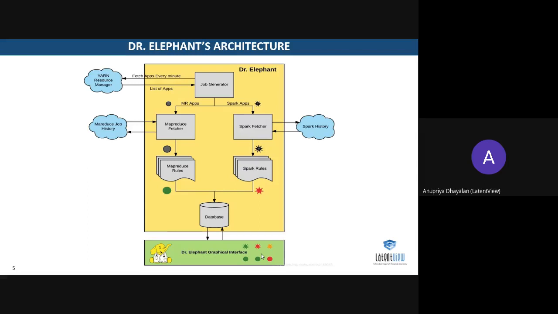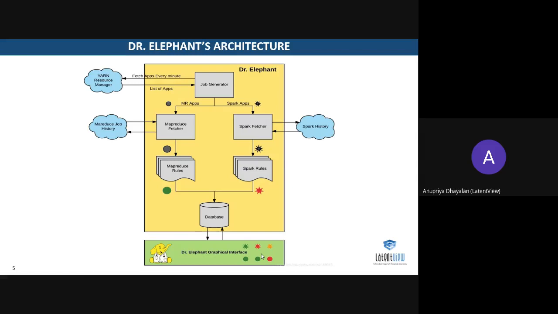We have certain predefined rules for MapReduce jobs as well as for Spark jobs defined in Dr. Elephant. Once we have all the information, the rules for MapReduce and Spark run on top of the logs and it saves the information to the database.